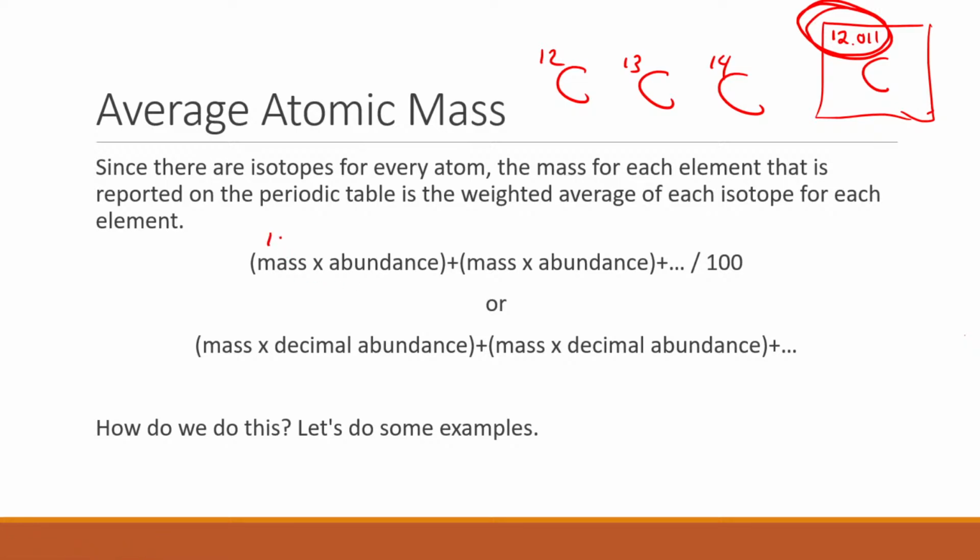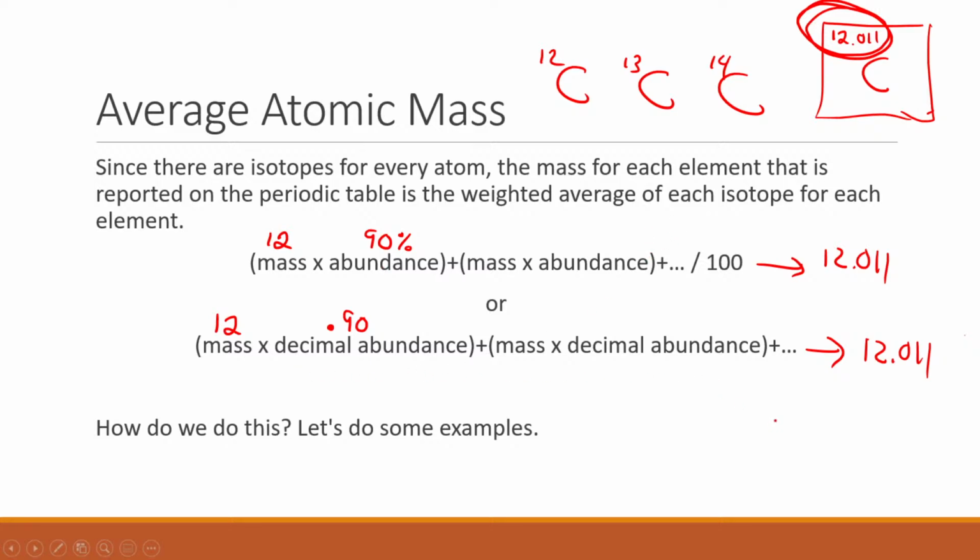You can take the mass times the percentage for every isotope and then divide by 100 at the end. Or you can take the mass times the decimal version of that abundance and you don't divide by 100 at the end. Either way, when you plug into the top or the bottom, you're going to get the same answer. There's no difference between using this formula up top or using this formula on the bottom.